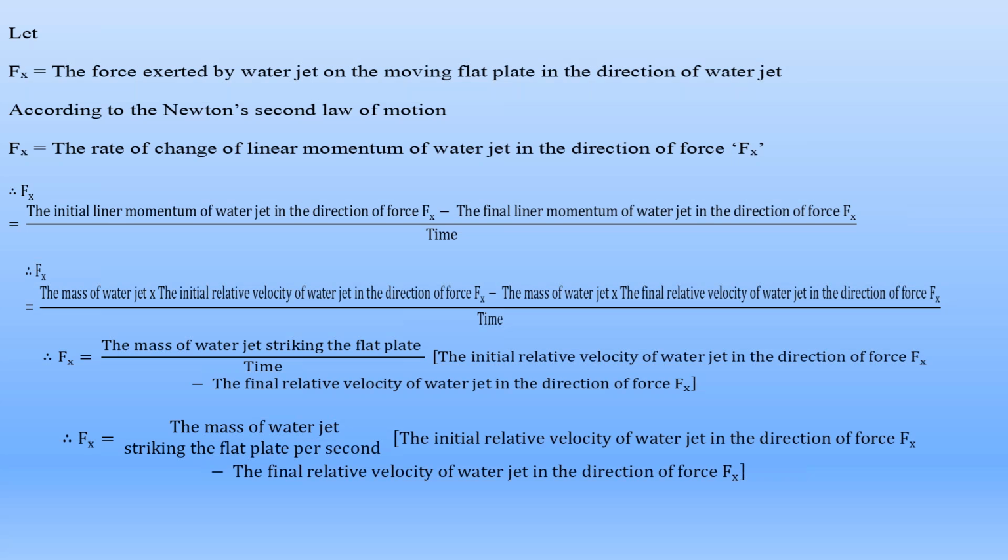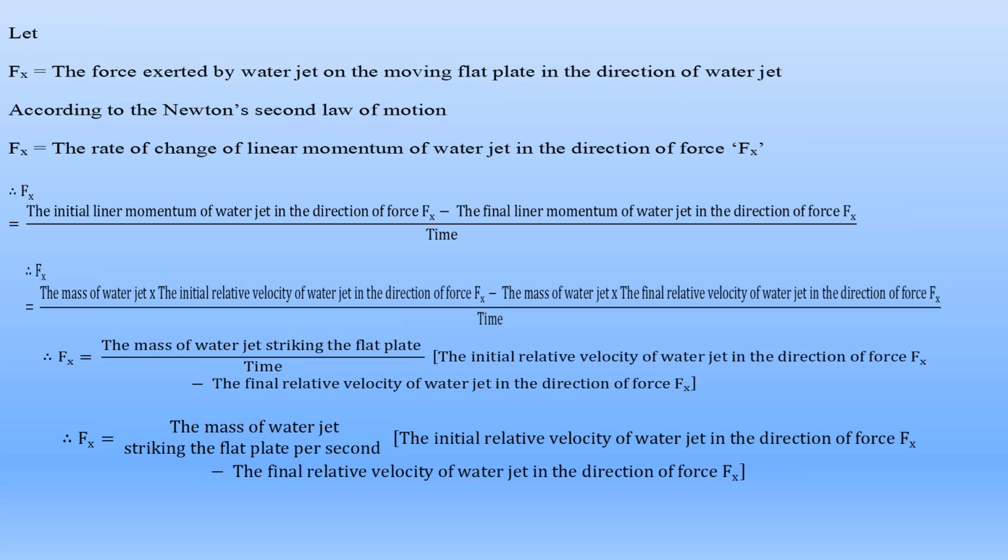So on the right hand side numerator, the first term is the mass of water jet into the initial relative velocity, not the absolute velocity, because the plate is also moving and the water jet strikes the plate with relative velocity. So in the derivation of force Fx, you must consider the initial relative velocity in the direction of force Fx and also the final relative velocity in the direction of force Fx.